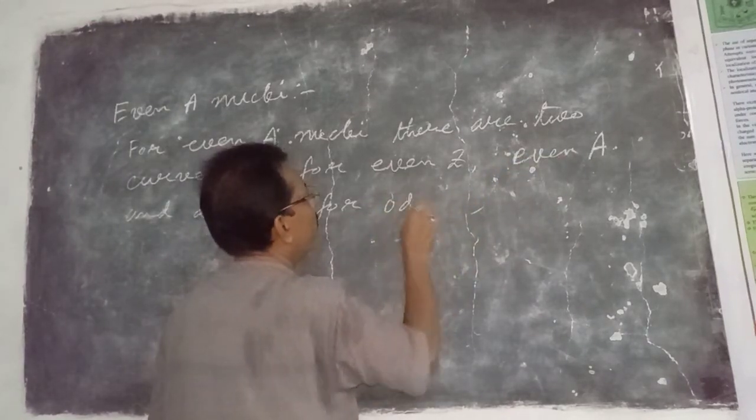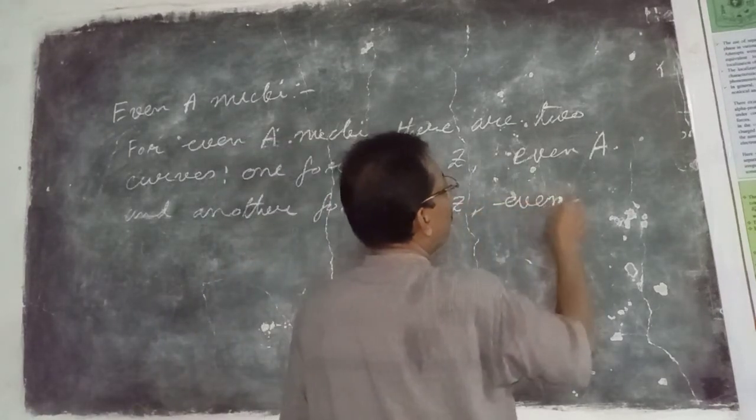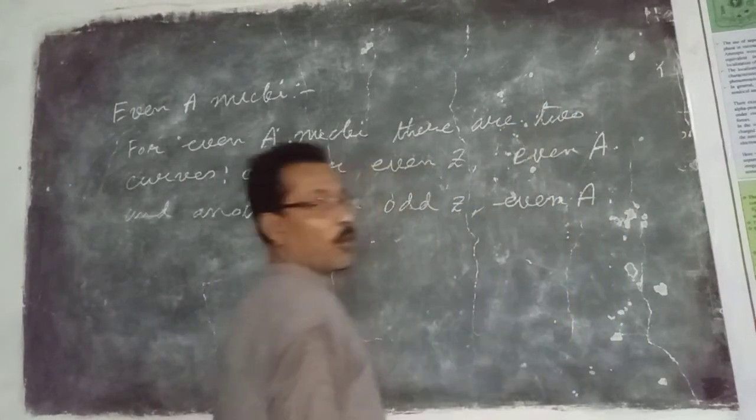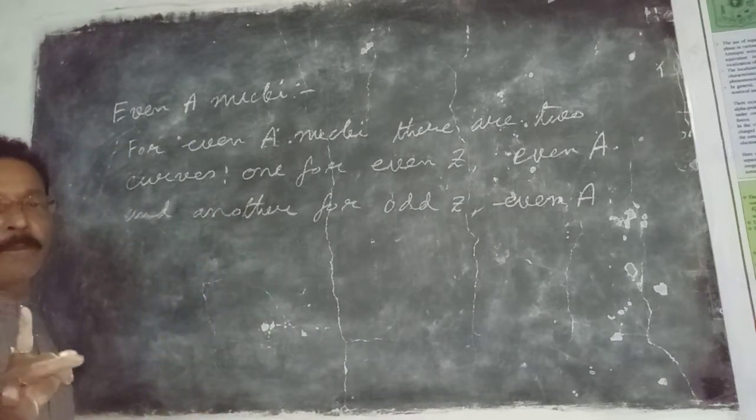So it is for odd Z, even A. So there are two possibilities, and we get two parabolas.